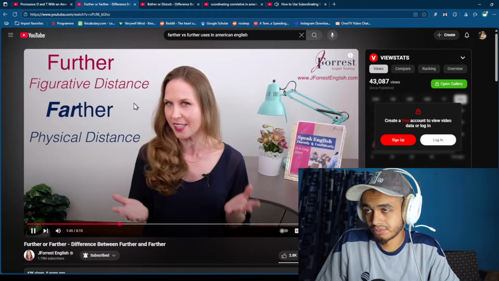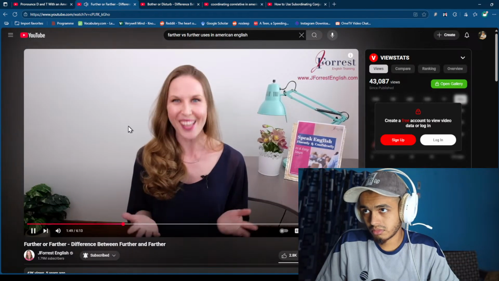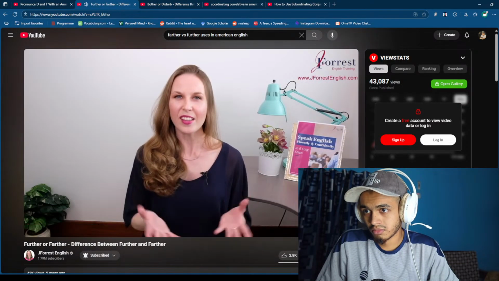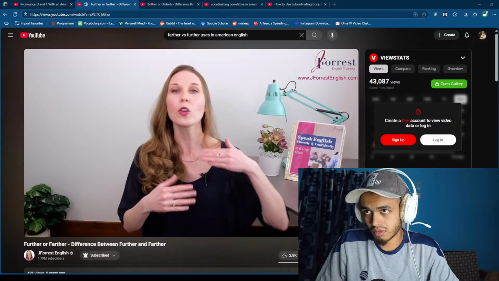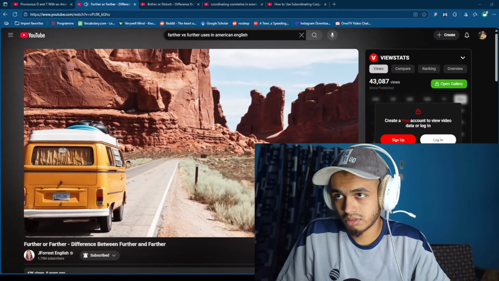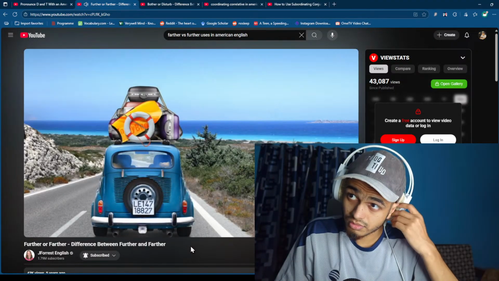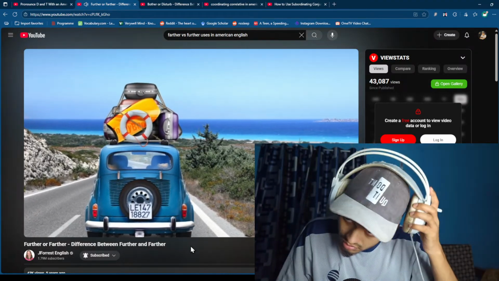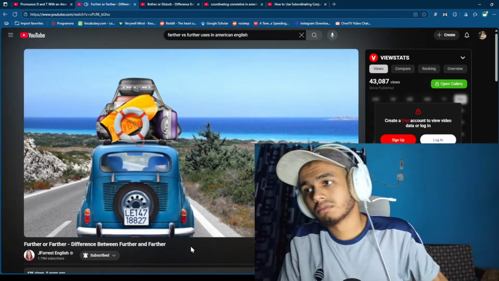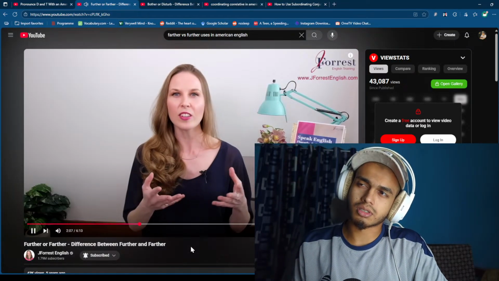Farther, further. This is best explained using an example, of course. So let's imagine that you're going on a road trip with your kids, okay? Now you're driving. A road trip is when you go from one destination to another by car.